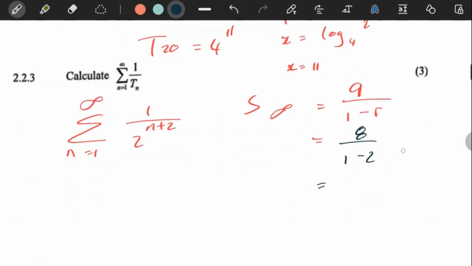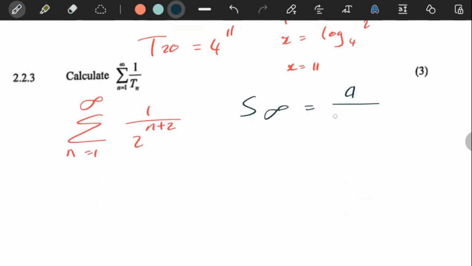So this is too basic. It's almost looking wrong. No, I'm making an error, because the sum to infinity formula, yes, we should use it, but our a value is not 8 and our r value is not 2, because here we have a new general term, you see?